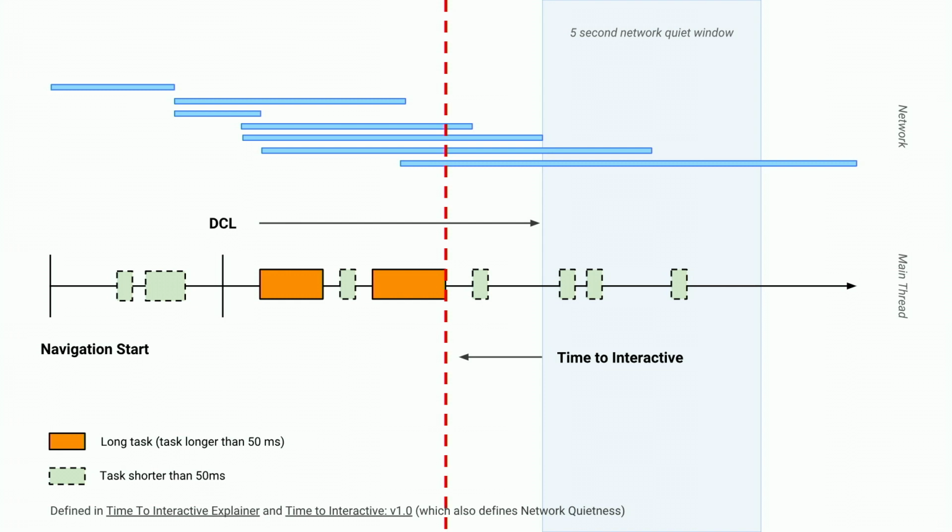The thing to point out here is that whenever that last long task is, that's going to be it. So if you have a third party on your page, which is likely, of course, if that third party happens to do something that takes not 49 but 50 milliseconds or more, that's a long task, and that's going to push out your TTI.